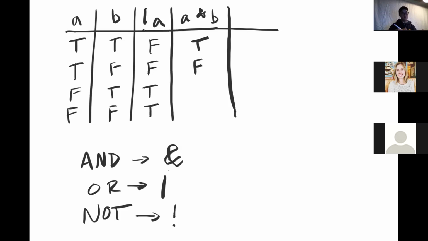If it's or, then it only cares about if one of those is true. So if any of them are true, then it's going to be true. So in this case, for A and B, true, true is true, true, false is false, false, true is false, false, false is false. And if it was A or B, it would be true, true, true, false.